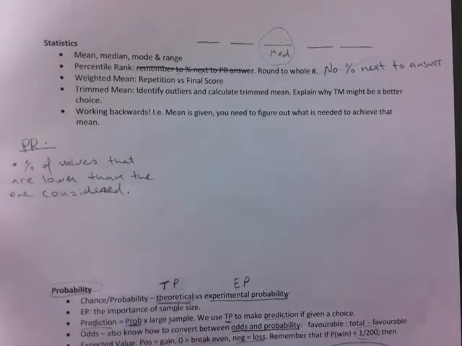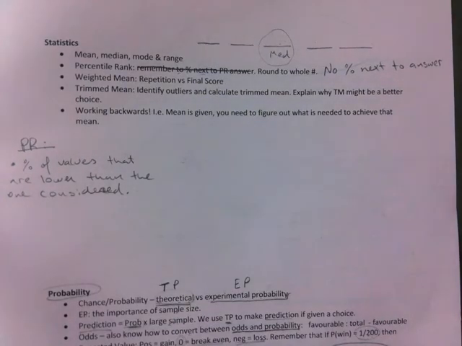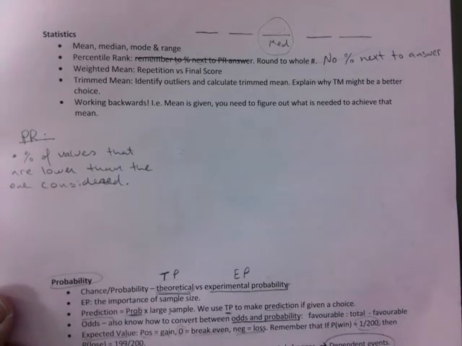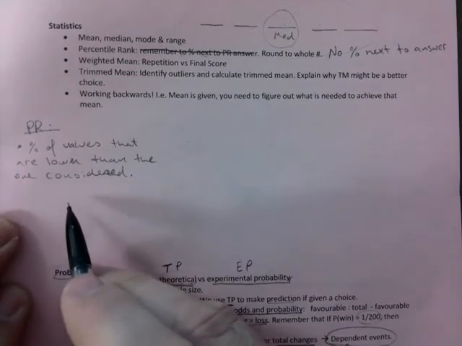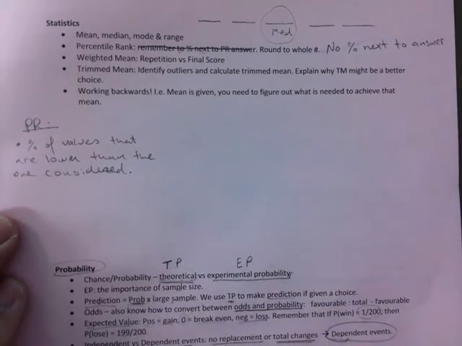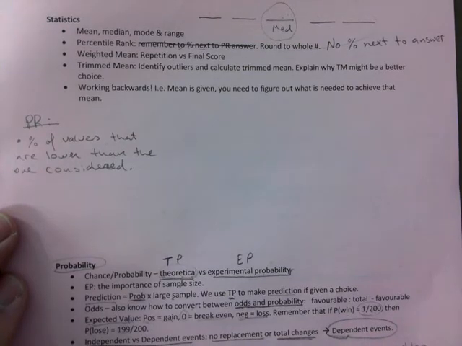So they can talk about height, they can talk about time that you spend driving to work, it can talk about height of plants, you name it, right? And so you're trying to figure out how many values lie below the one you're interested in. So how many people are shorter than 5 feet 2 inches, right? So you'd actually count that. So we'll do some examples. I won't go into detail there.